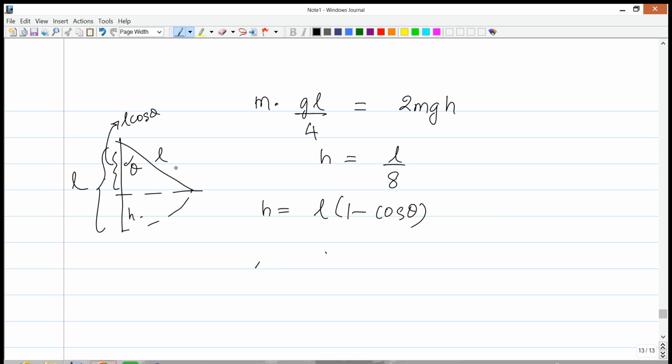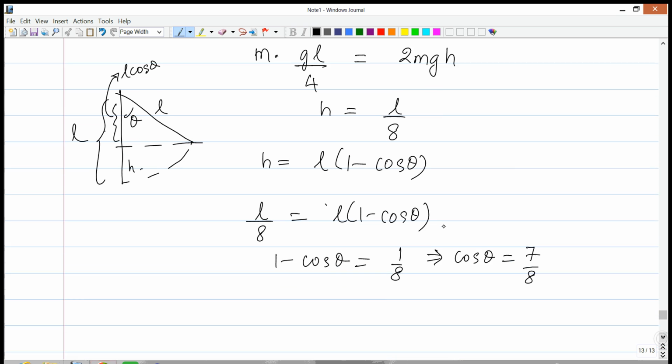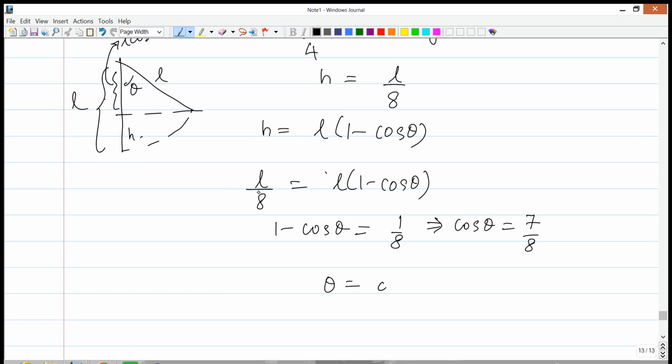And now what we know is that L over 8 is equal to L times 1 minus cosine of theta, and what we get is 1 minus cosine theta is equal to 1 over 8, which implies that cosine of theta is equal to 7 over 8. And now you can get the angle theta as cosine inverse of 7 over 8, and that's our answer.